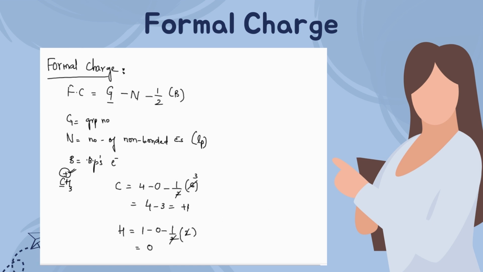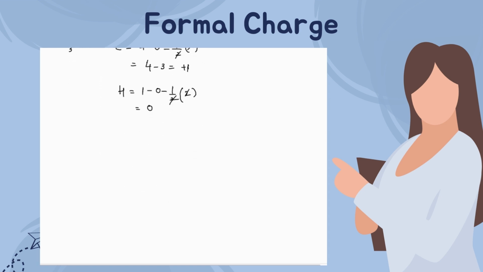Okay, let's take one more example, which is CH3 minus. This is a carbanion, a carbon compound with a negative charge. Alright, so let's calculate the formal charge in this molecule also for carbon. What is the group number of carbon? Again 4, minus the number of lone pair electrons on the carbon.